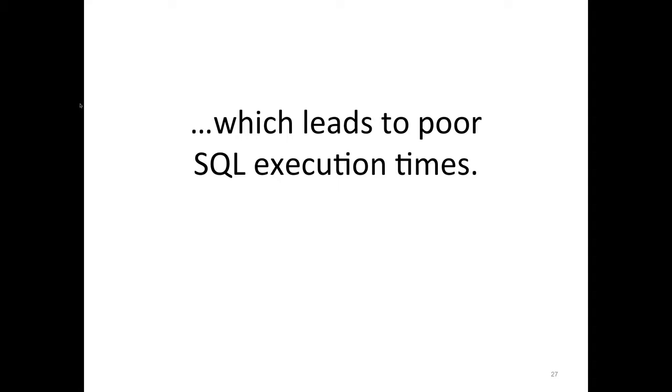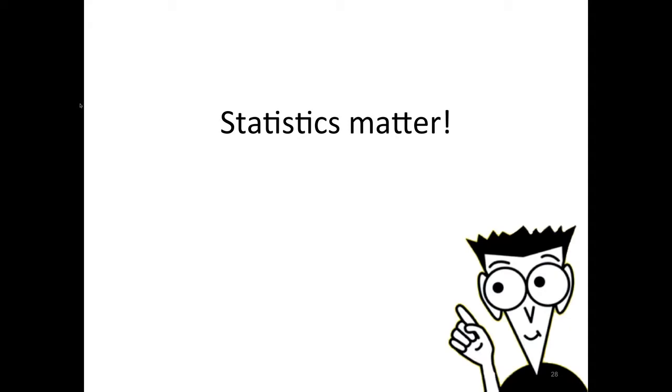Sometimes the way statistics are collected in our database can have a large hand in why SQL doesn't perform optimally. So statistics really do matter. That's the bottom line for the optimizer: statistics are at the heart of it.